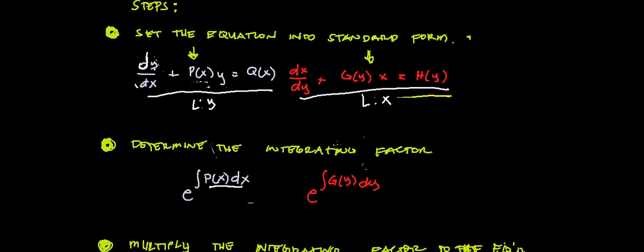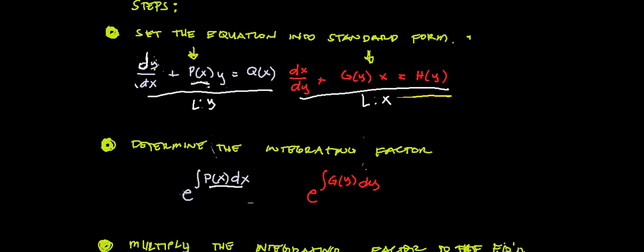So for the determination of the integrating factor, we have e raised to the integral of P(x) dx. If our equation is linear in Y, we will use this e raised to the integral of P(x) dx. And where is our P(x)? Here, this part.